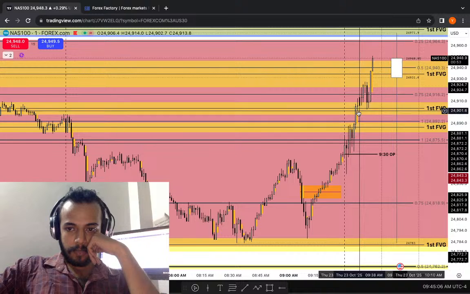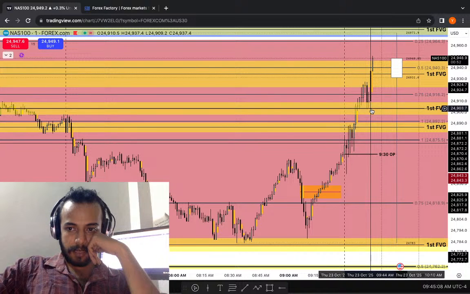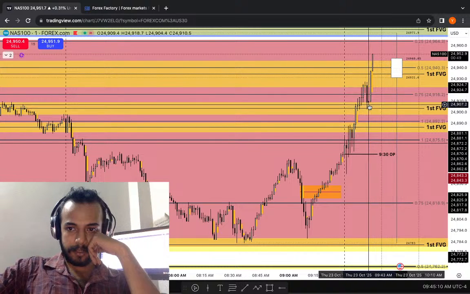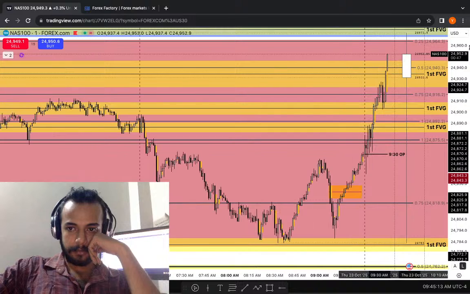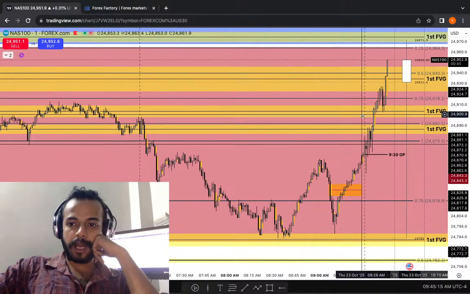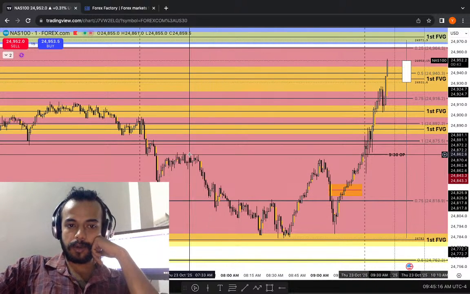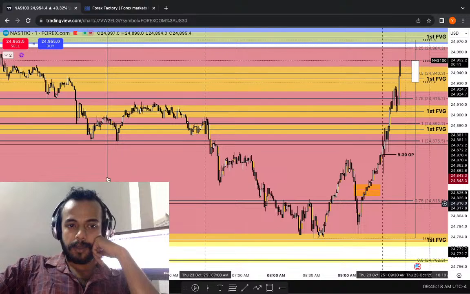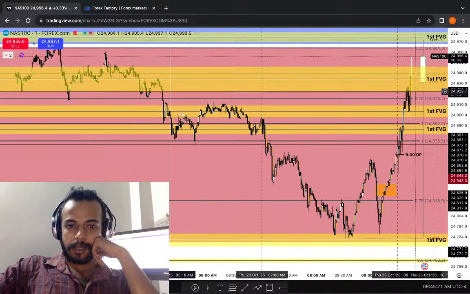Look at that, how bodies of the candle are closing above the midpoint of this first presentation. Now it is exploring higher prices and taking out all the people who have their shorts running.